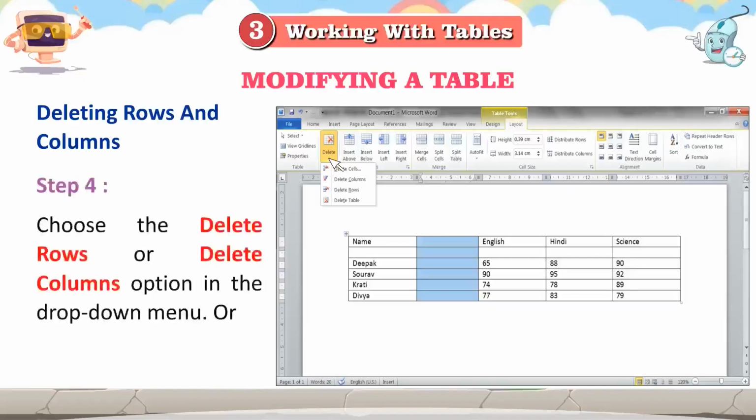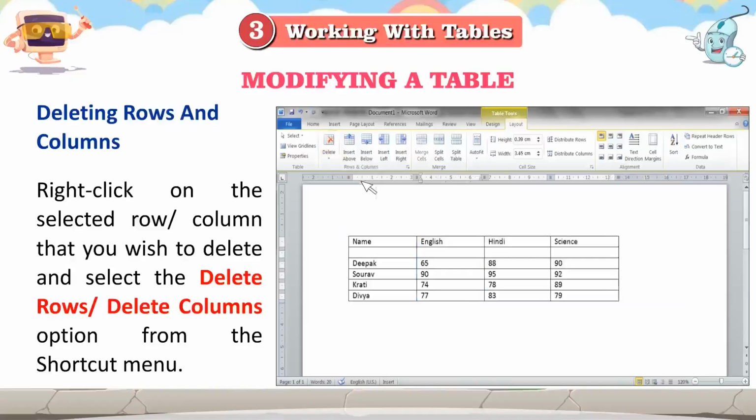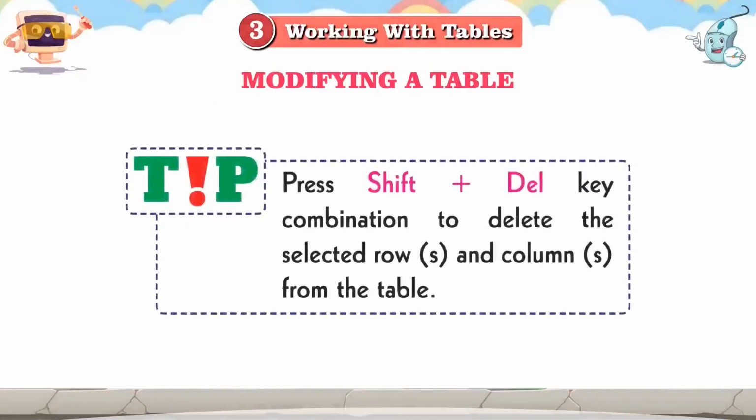Choose the Delete Rows or Delete Columns option in the drop-down menu. Or right-click on the selected row or column that you wish to delete and select the Delete Rows or Delete Columns option from the shortcut menu. Tip: press the Shift plus Delete key combination to delete the selected rows and columns from the table.